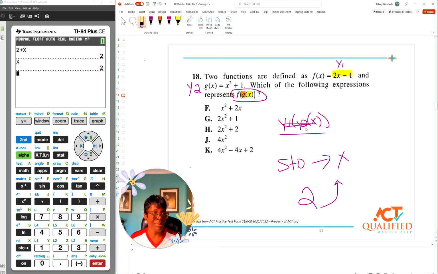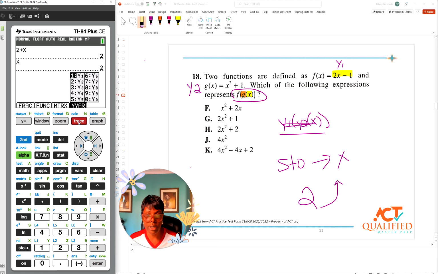This problem, exactly as you see it. I have sort of written over it, but that's okay. So let's go ahead and do that. Remember we are going to select alpha trace, and we need y1. So enter, open paren, and then alpha trace again, select 2, and then of x, open paren, x, close, close.